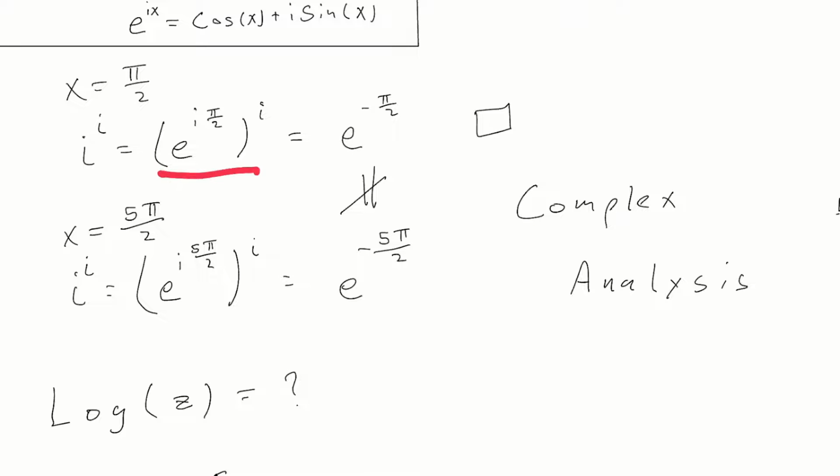In this way, I've chosen a specific branch cut to define my function of log of z, versus this way, I've chosen a different branch cut to define my value of log of z. I didn't know this at the time, but I think this is a really interesting example to show why branch cuts are important in mathematics.